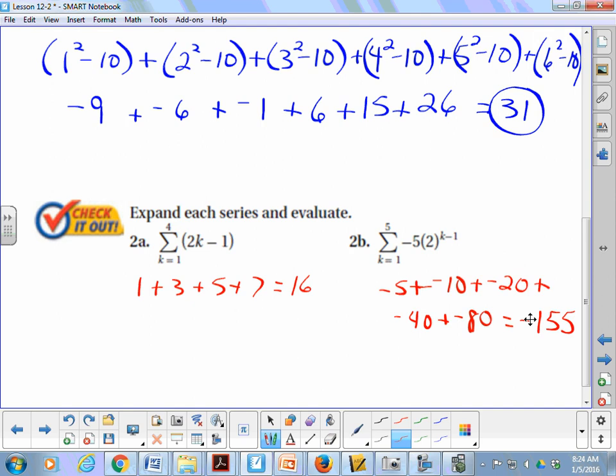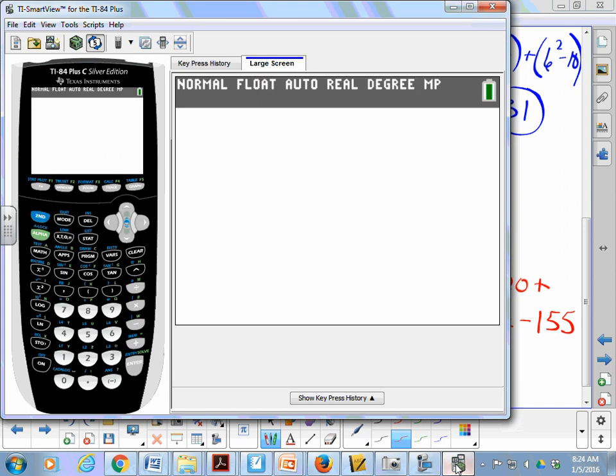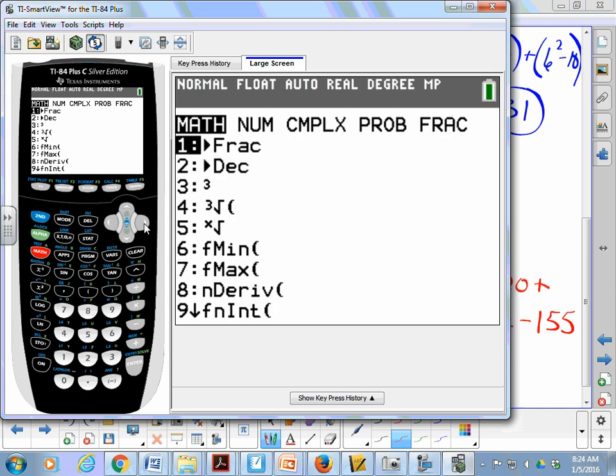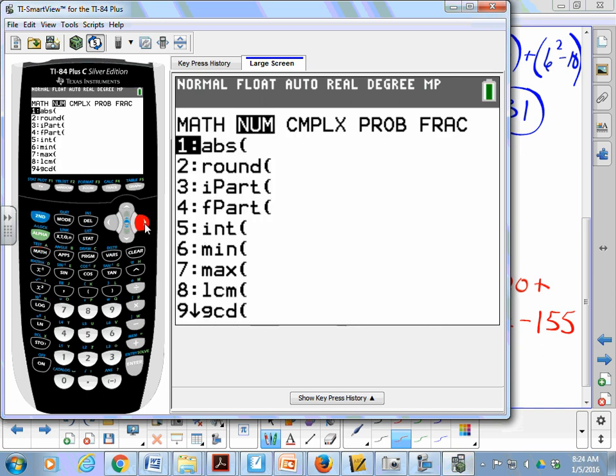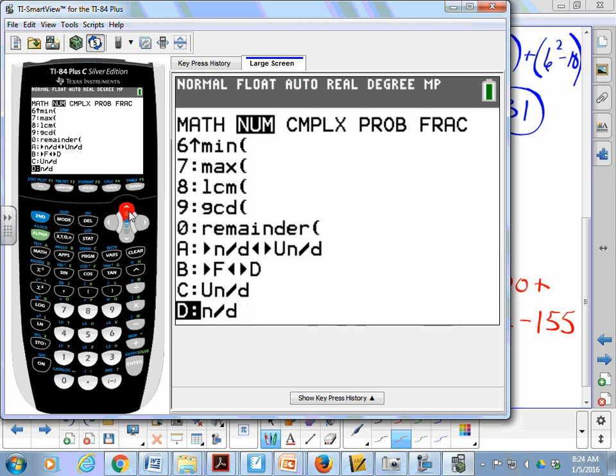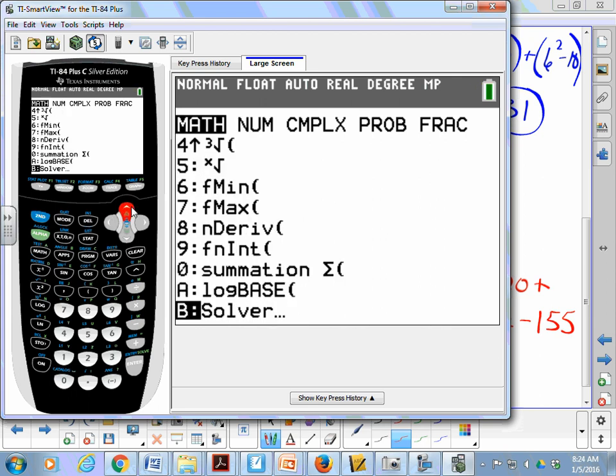If you want to be able to do them with your calculator, then if you have a TI-84, okay, the TI-83, I think it'll do it. I just have to find it. So if we go to math and then over to number, nope, it's not there. Where is it? Oh, here it is, right here.